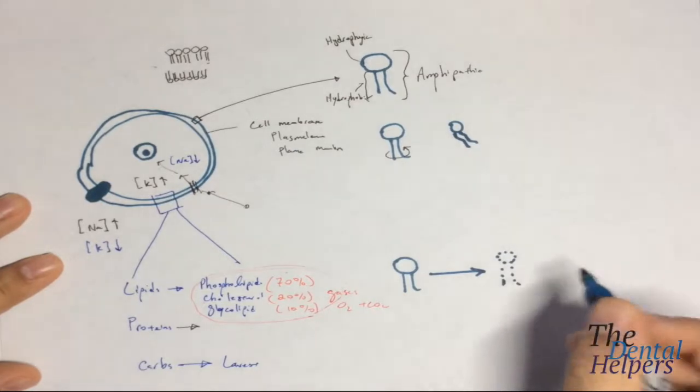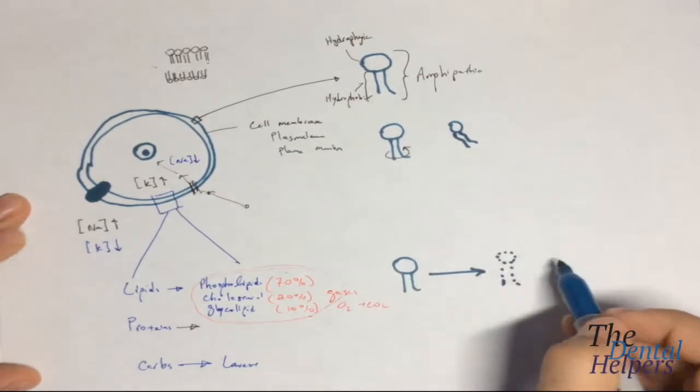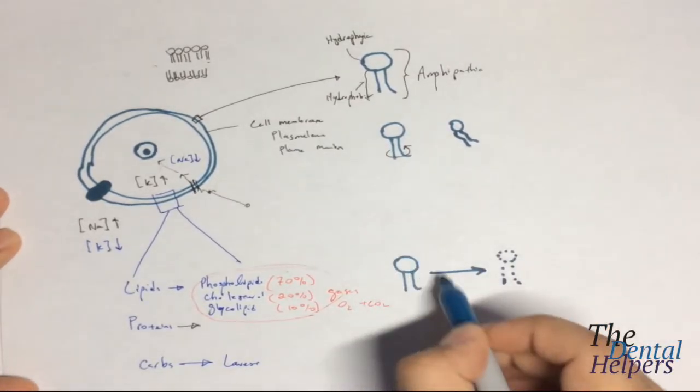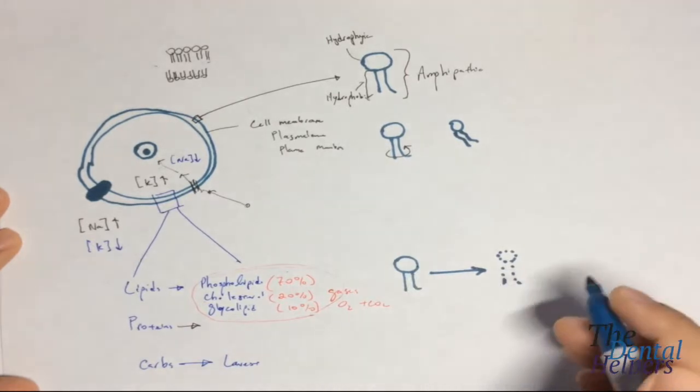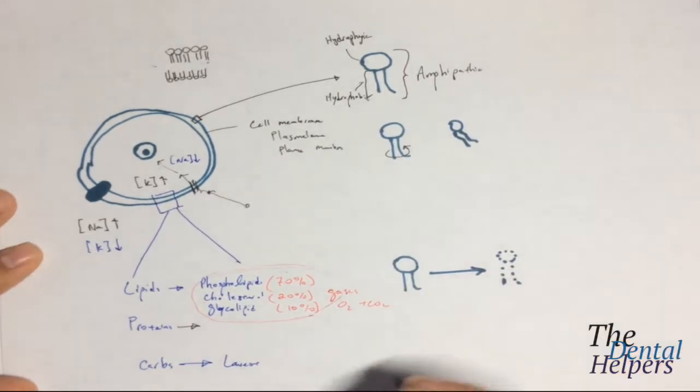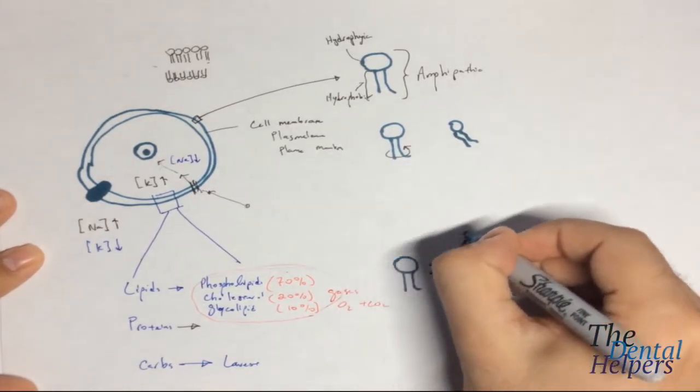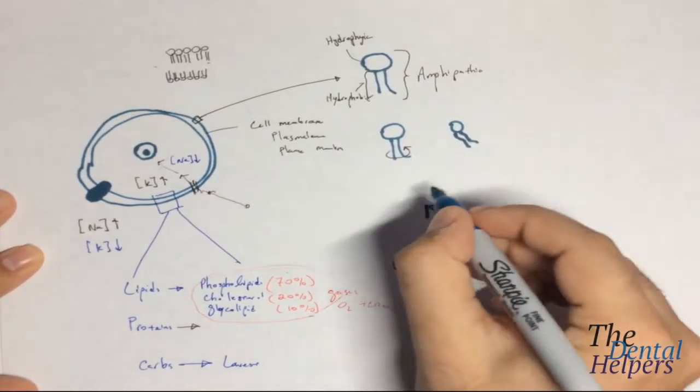So what that means is, if this is within the lipid bilayer, this individual unit has the ability to move to another space. And on rare occasions, it can move up.